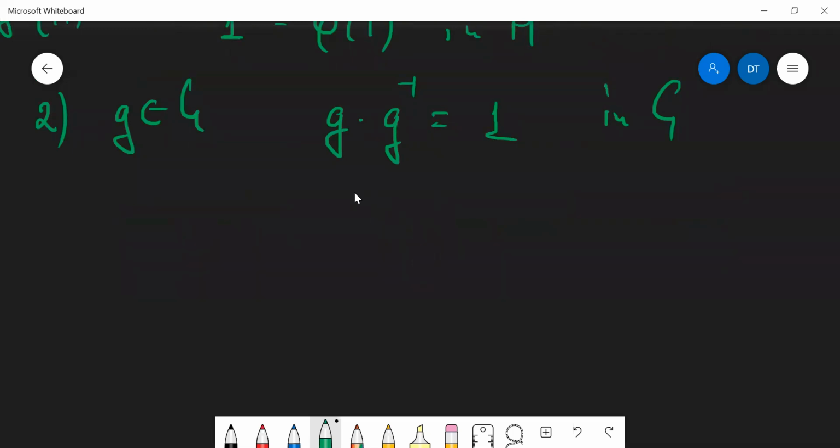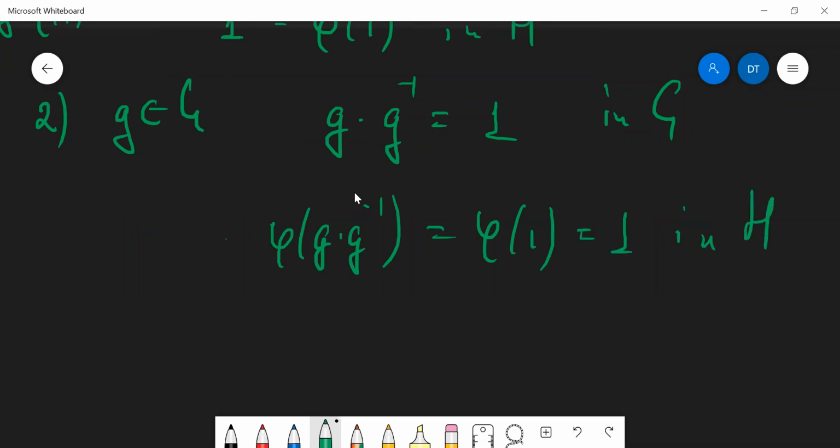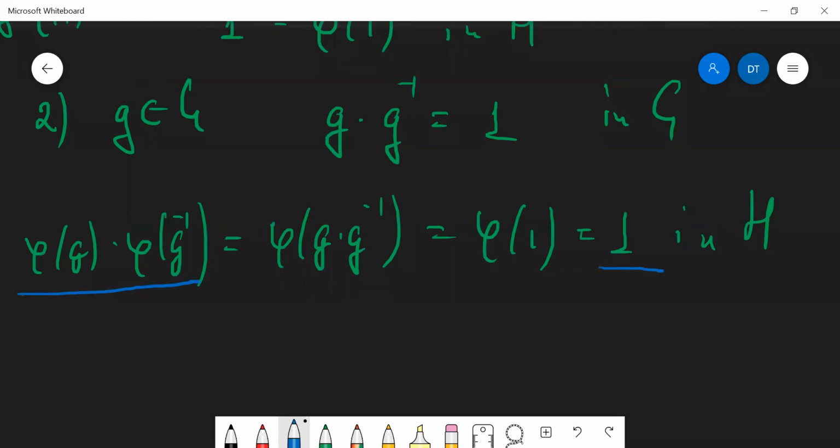We will get phi of G times G inverse equals phi of 1. But we already know that phi of 1 is actually 1, the neutral element of H. And since phi is homomorphism, this is the product of these two elements. So we have this final equality, that this is equal to this.